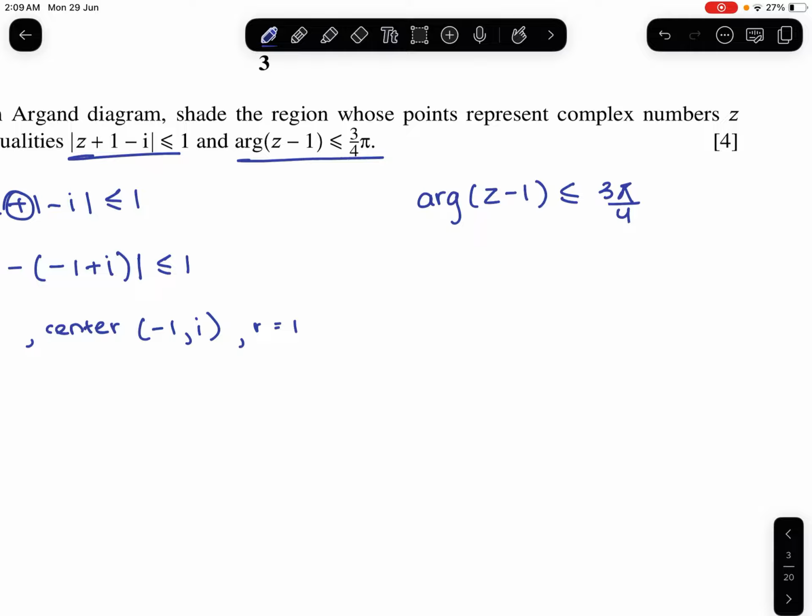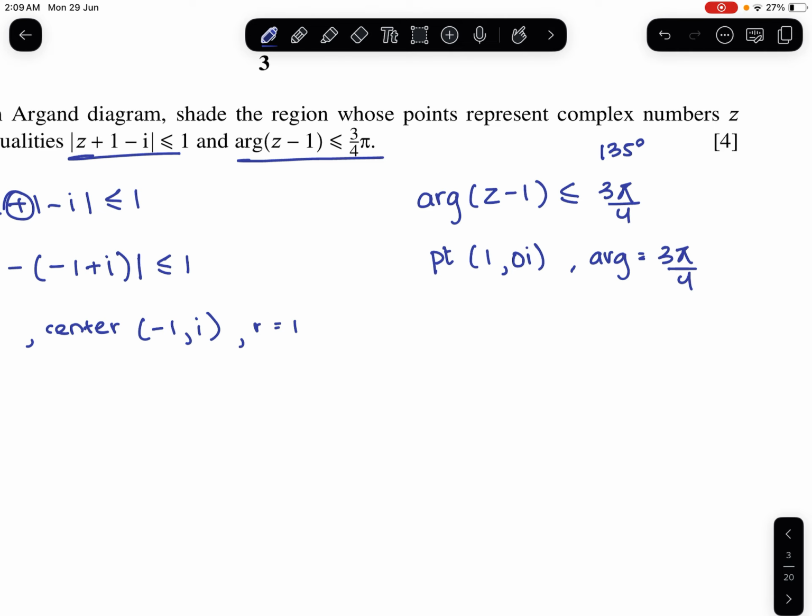And we have 3 pi over 4. Just for argument's sake, 3 times 180 divided by 4, the angle would be 135 degrees. So by looking at this inequality, we know that the point we have is going to be 1 and 0i, and our angle, as in our arg, is going to be 3 pi over 4.